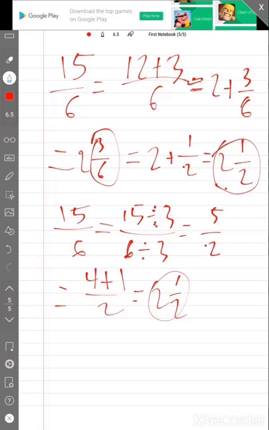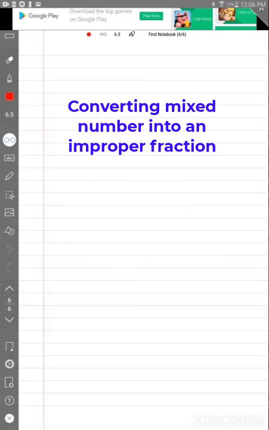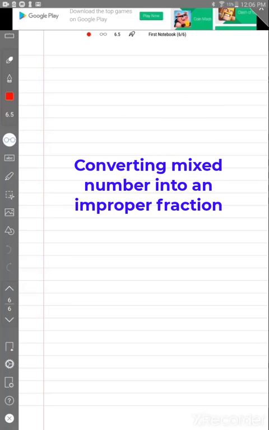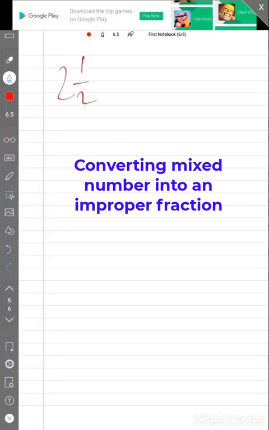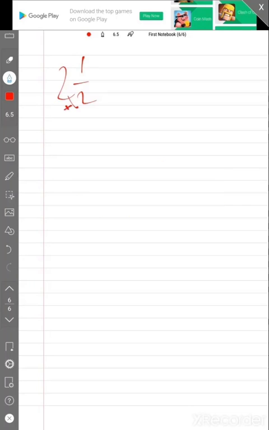Okay, now let's do the other way around. Let's start off with a mixed number. So we have 2 and 1/2, and we are trying to turn it into 5 over 2. So we're going to multiply the whole number by the denominator and then add it to 1. So why are we doing this? Well, think about this. 2, we know that's a whole number, right? So with the denominator of 2, what would be our numerator?